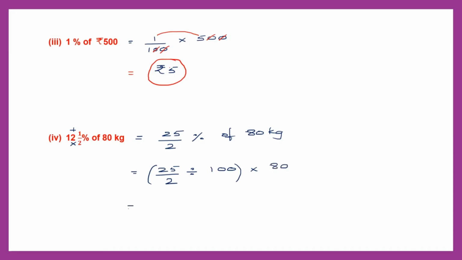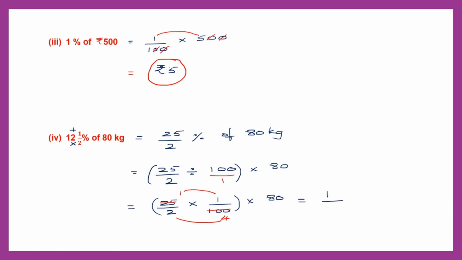So let's work out only this, what is given in brackets. So 25 by 2, division becomes multiplication. Now 100 is 100 by 1. Now we write the reciprocal. It becomes 1 by 100. Okay, so let's work this out. Into 80. So here we can cancel 25 and 100. 25 ones are 25 and 25 into 4 is 100. Now let's multiply the numerators and the denominators. So when you multiply the numerators, what do you get? 1.